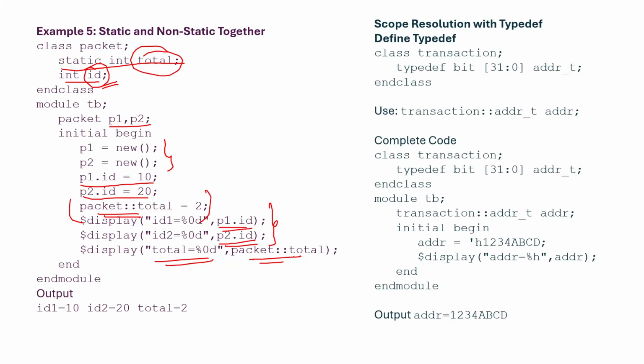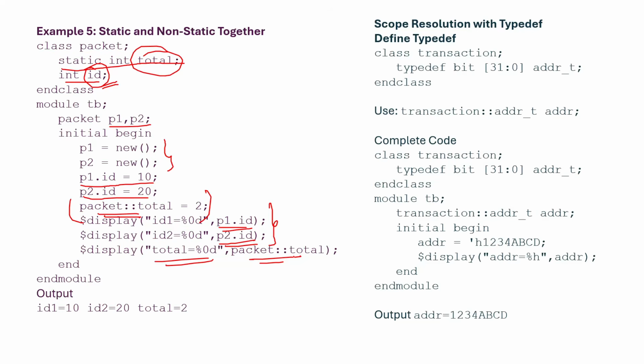Then address underscore t should be created as different addresses, like address t A1, A2, A3, A4. All are used as the big data type. So A1 is also the big data type, A2 is also, A3 is also. In this way the user can create their own data types.